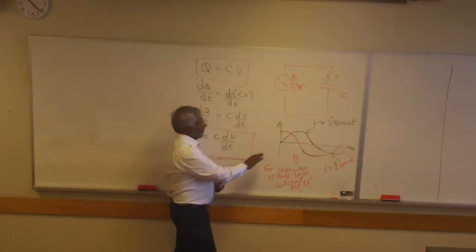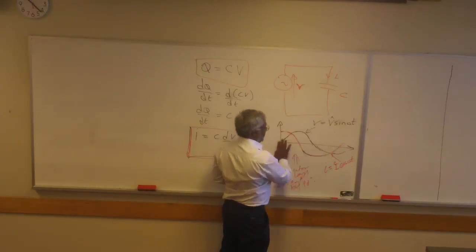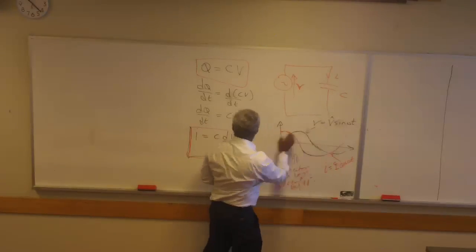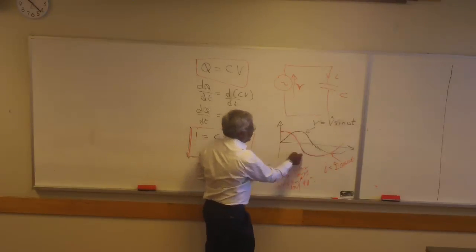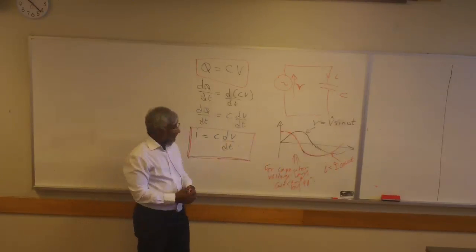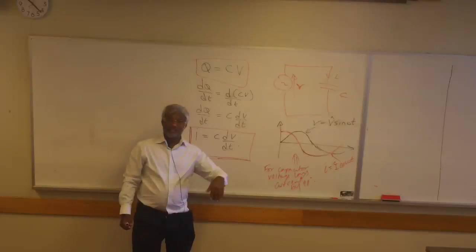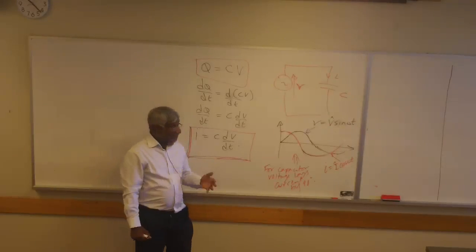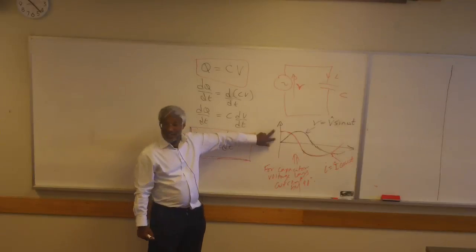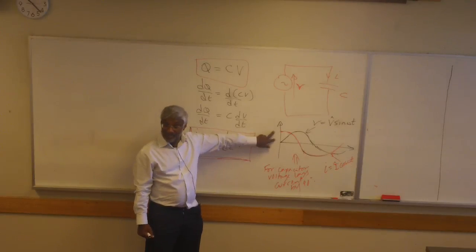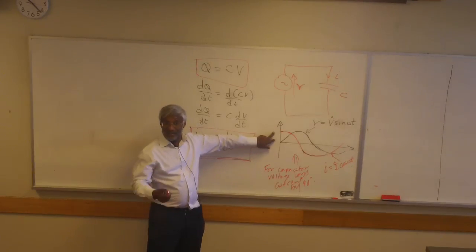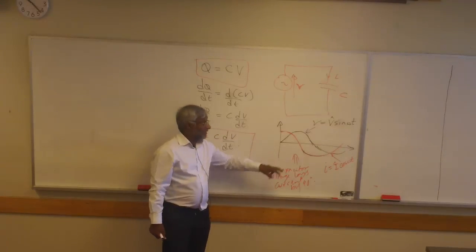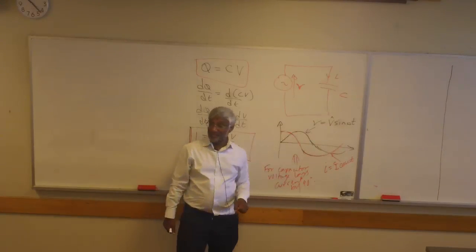If you differentiate the sine, which is the voltage, you will get cos. And cos leads sine, because the peak of cosine is at 0 degrees, whereas the peak for sine is at 90 degrees.